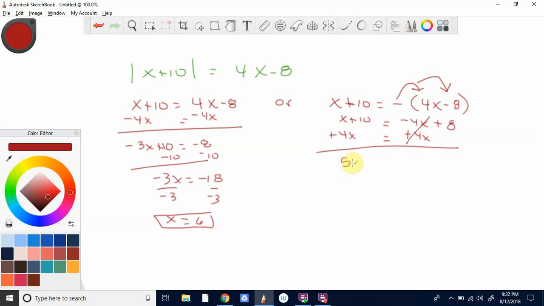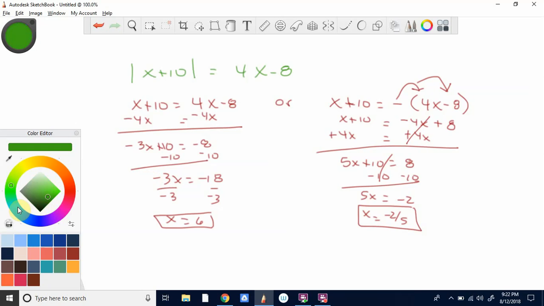This cancels. We have 5x plus 10 equals 8. Going to minus 10 from both sides. I get 5x equals negative 2, x equals negative 2/5. So first thing I have to do is check for any extraneous solutions.